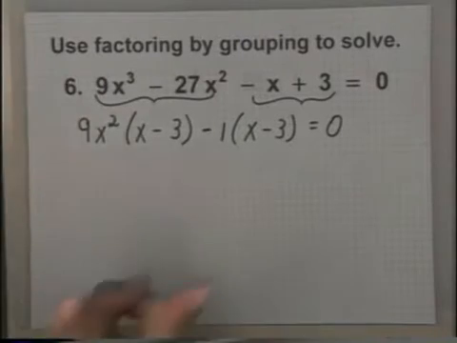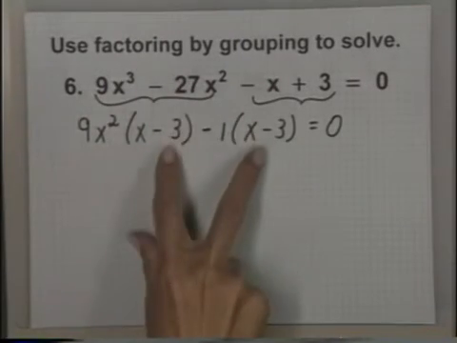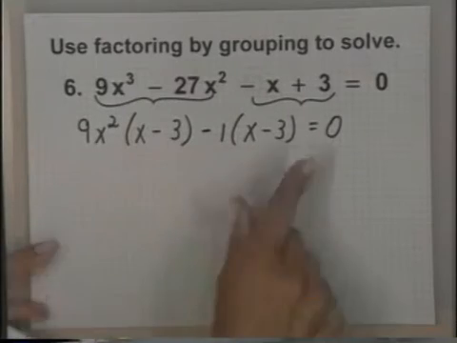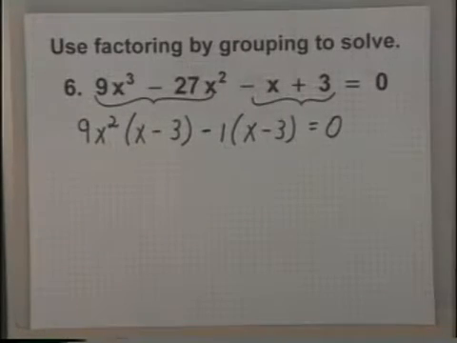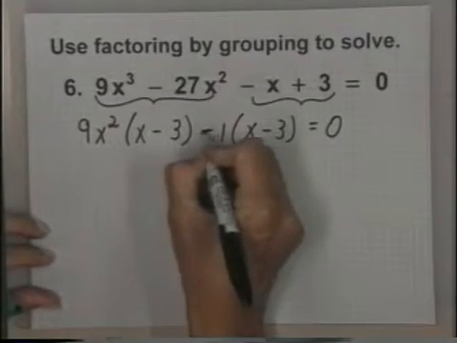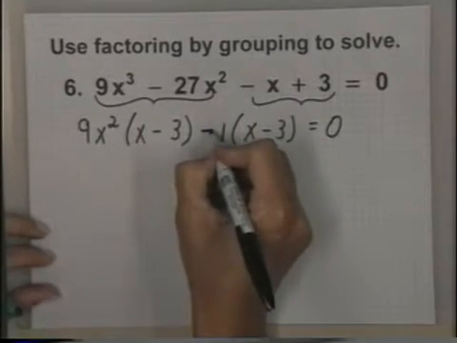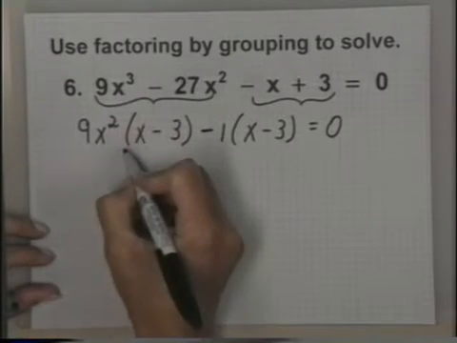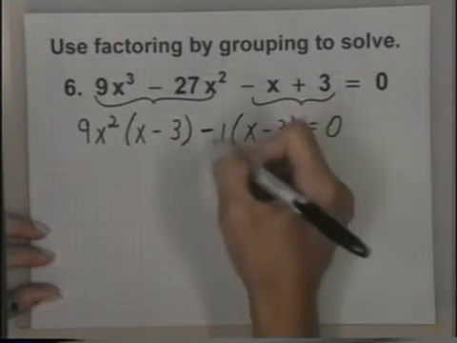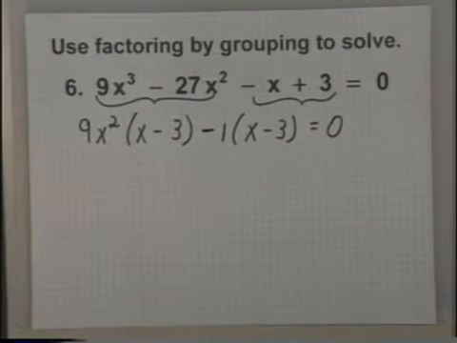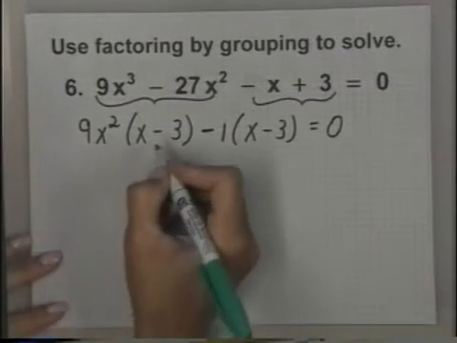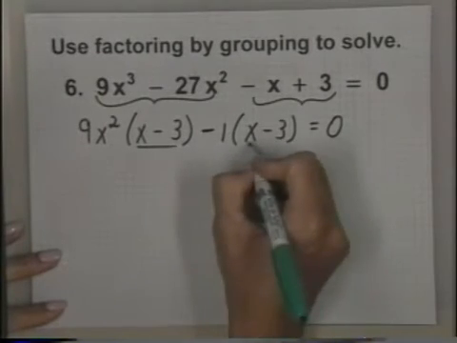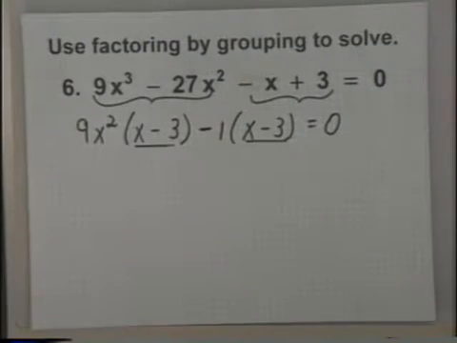Now, once again, yes, I did factor from this step to this step, but is the left side of this equation in factored form? Is it a product? It is a difference, isn't it? This is subtract. This means this term subtract this term. To get this in factored form, once again, I'll look for common factors, and I have a common binomial factor of x minus 3.